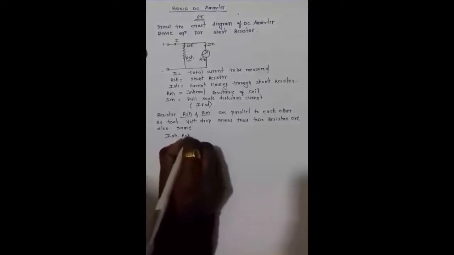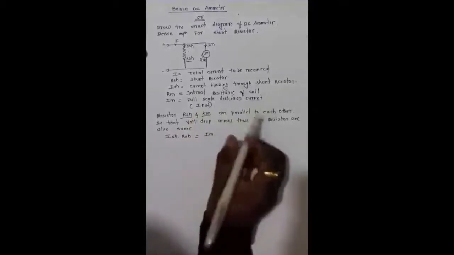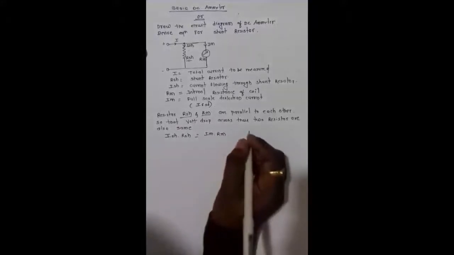Now the equation is: RSH times the current flowing through the shunt resistance, ISH, is equal to IM, the full scale deflection current, times RM, the internal resistance of the coil.